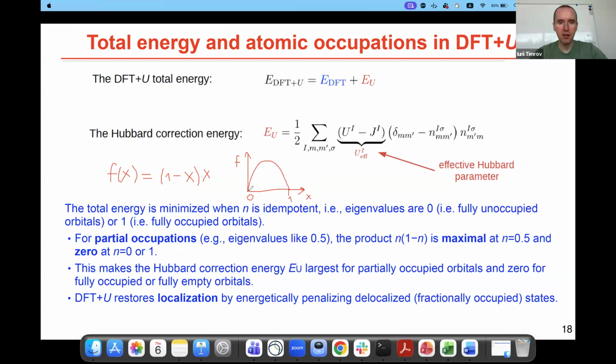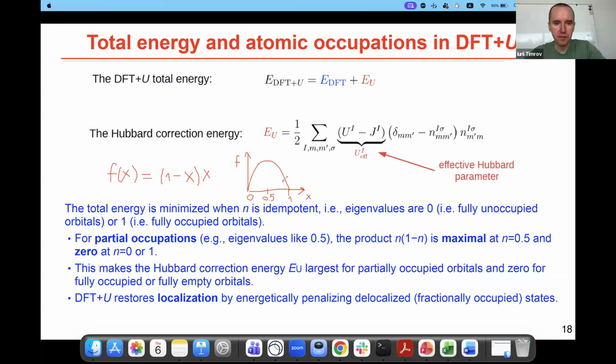So when x is 0, the function is 0. When x is 1, the function is 0. And when x is 0.5, it will have the maximum. So it behaves like an inverted parabola. Physically, why do we like this?